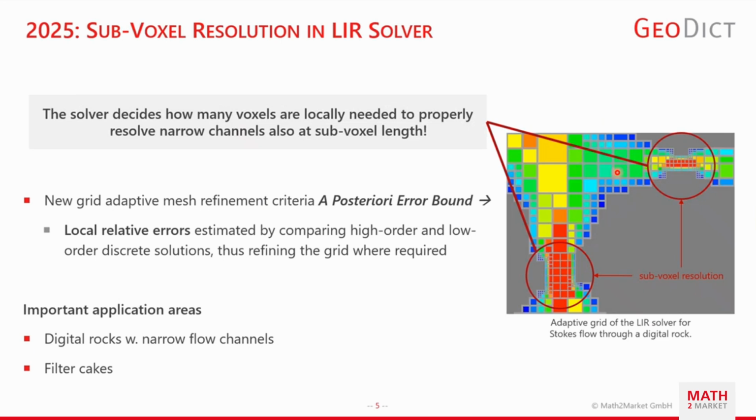Without getting into too much detail of numerics at this moment, as our Sven Linden will give a more in-depth talk tomorrow on the numerical side, I'll just say that some of the important application areas are, as I mentioned, tight rocks, low resolution scans, and, for instance, also what we noticed for the simulation of filter cakes or mud cakes, where due to the way the particles pack, previously the permeability could have been over-predicted.